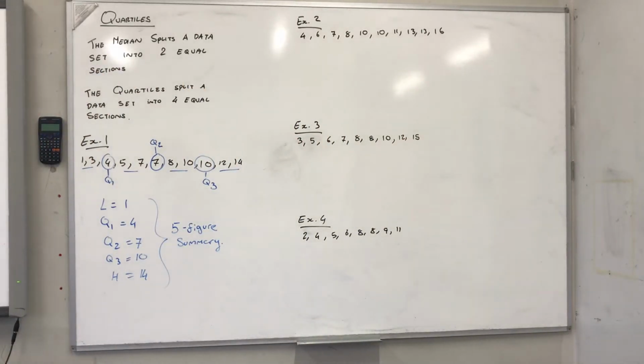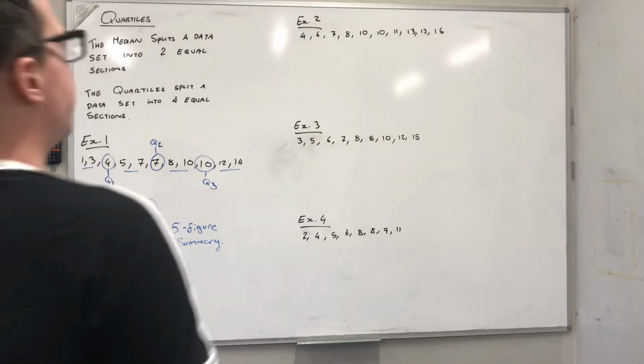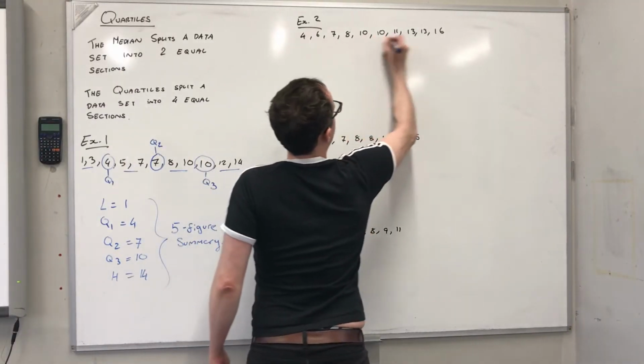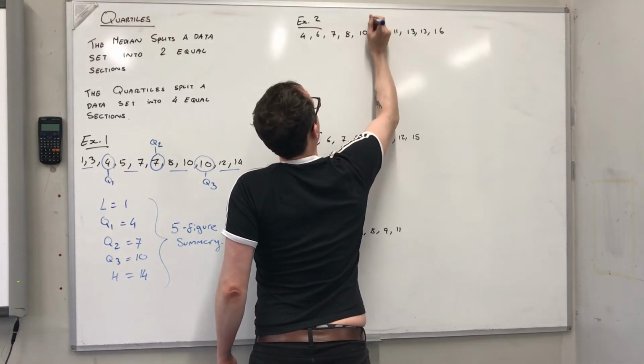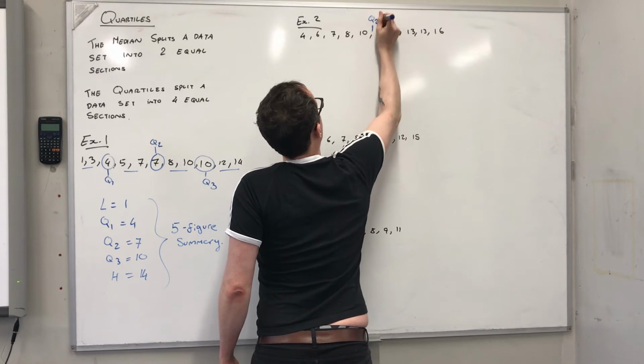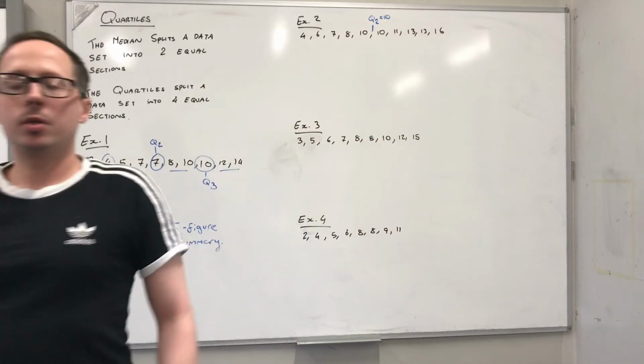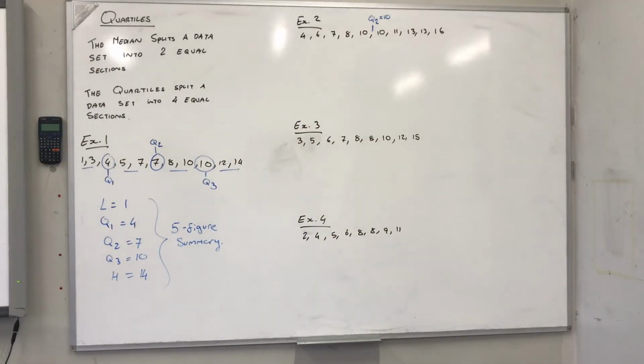There are 10 bits of data for example 2, which means if I cut that in half, there's going to be 5 bits of data in each section. That means Q2 must be between the 5th and 6th piece of data, but since the 5th and 6th pieces of data are 10 and 10, halfway between 10 and 10 is 10.